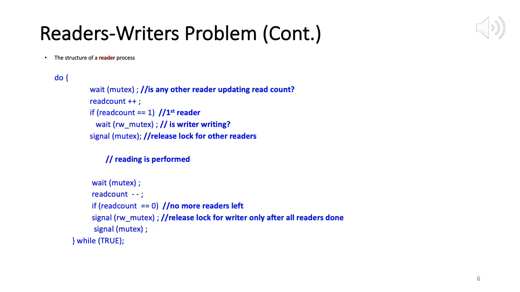If a reader has acquired the lock, and then a bunch of readers come, and any writers come, they have to wait till the last reader releases the lock. Till then, all the writers have to wait.